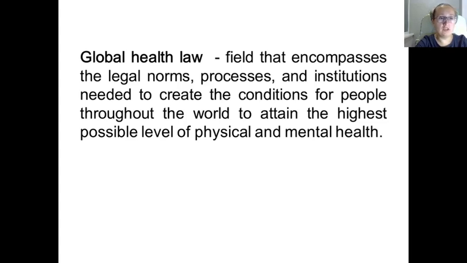The process of international lawmaking, such as the identification of international legal rules, is very different from most domestic legal systems.